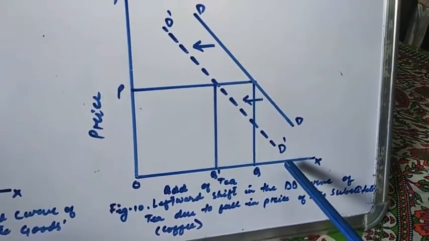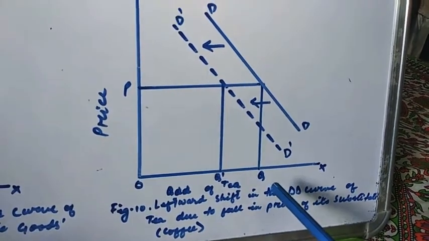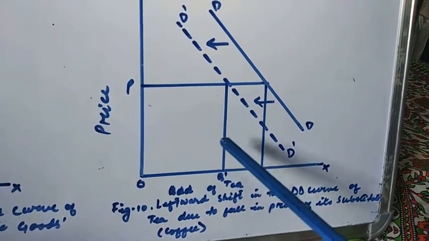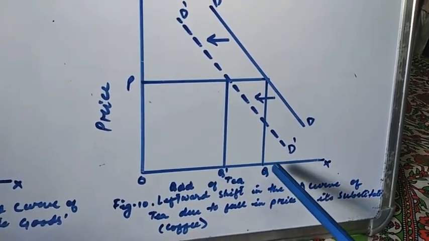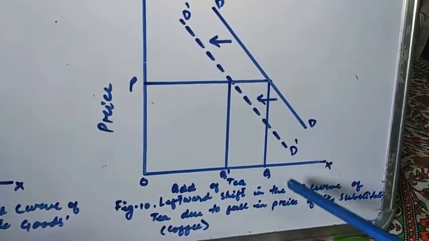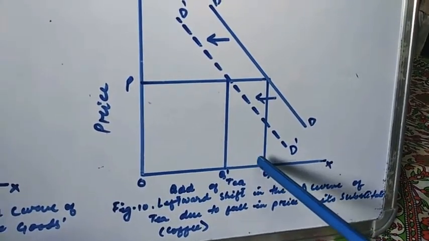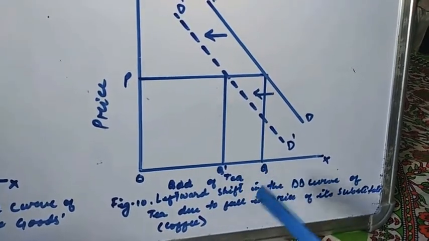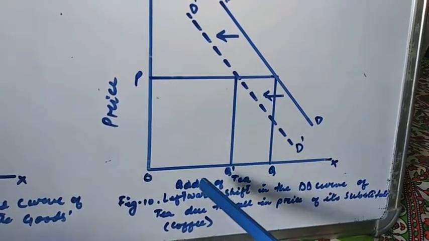Once the price of coffee has fallen, the quantity demanded for tea reduces, because coffee is cheaper than tea now, and people will prefer more of coffee. So quantity demanded for tea has reduced from OQ to OQ dash.